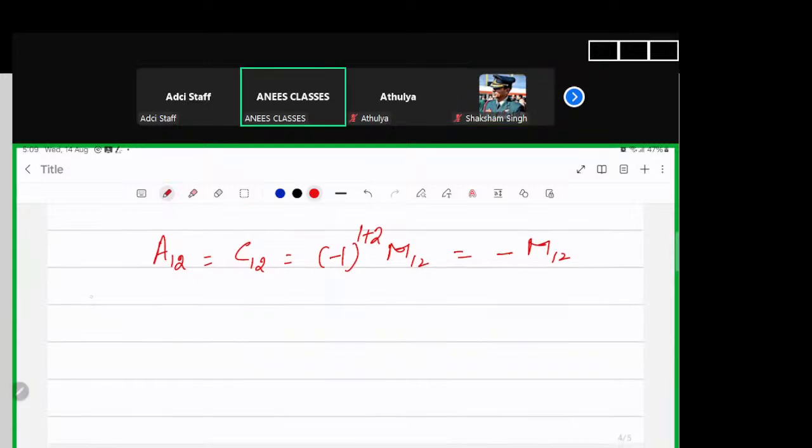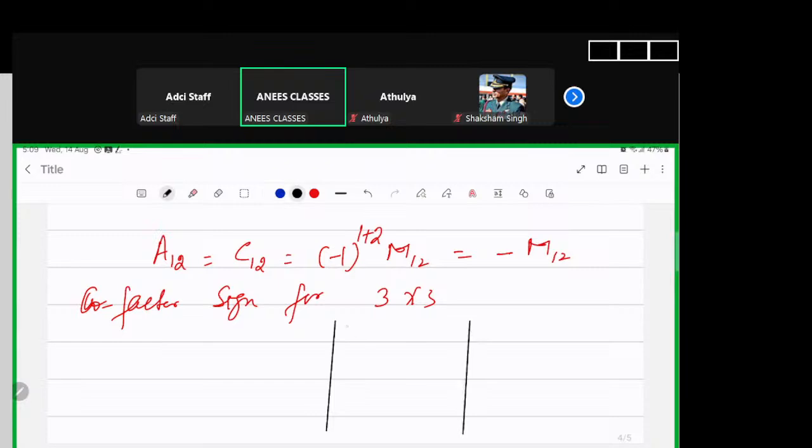So the cofactor sign for 3 by 3. For the first element A11, you will get a plus cofactor sign.